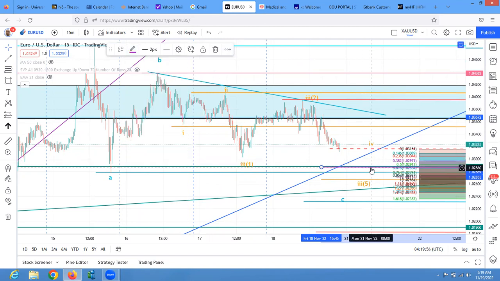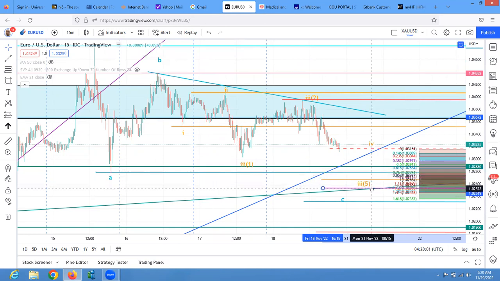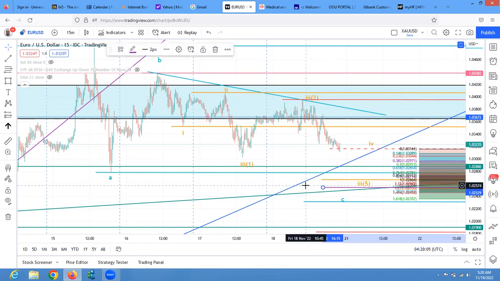I'm going to use a purple for it, which is at 1, 2, 3, which is here. 1, 2, 3, which is there.